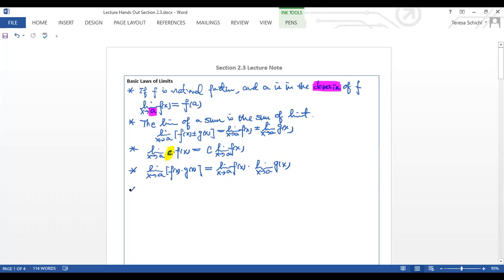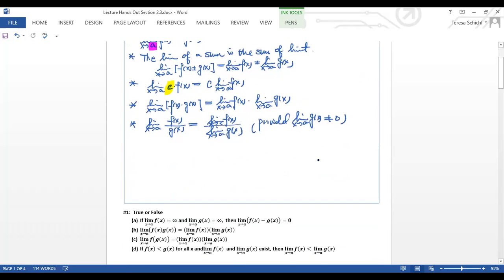The same idea applies to the quotient: if you divide the two functions, the limit is the limit as x approaches a of f(x) divided by the limit as x approaches a of g(x), provided that the limit of g(x) cannot equal 0. If it's equal to 0, I cannot have that in the denominator.